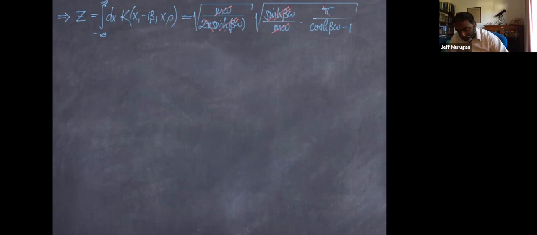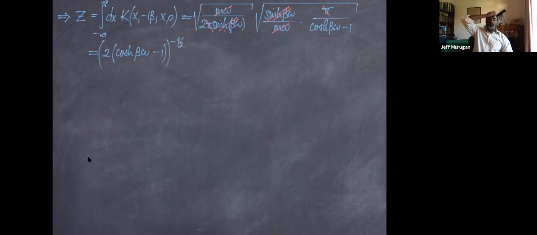And so we're left with a remarkably simple expression of just 2 cosh beta omega minus 1, all to the minus a half.